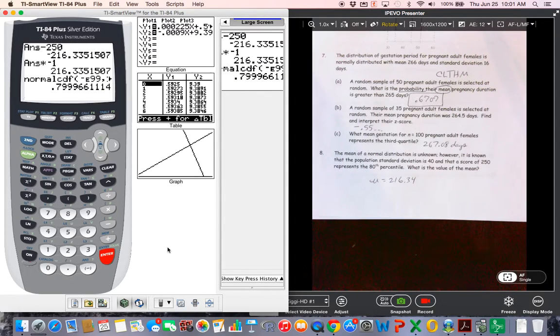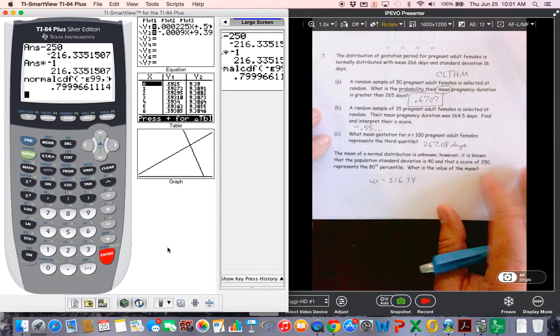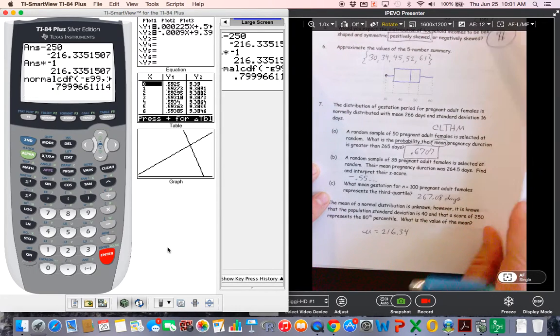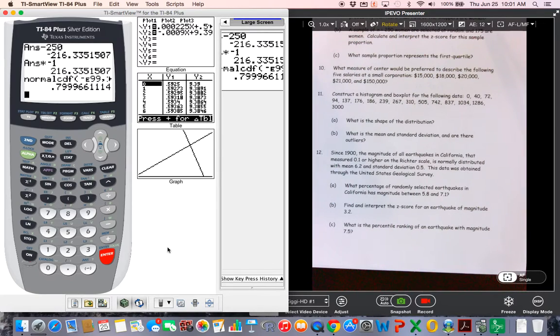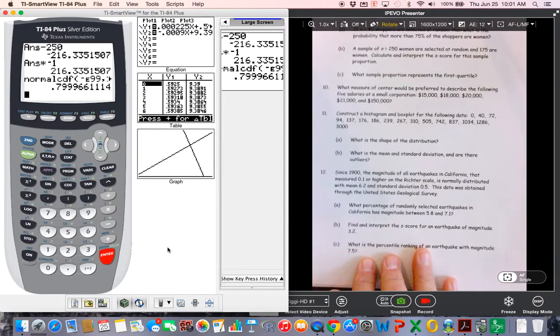And we'll see it's 0.7999966, so that's very, very close to 0.80, and I would feel comfortable that I got that one right. When I walked out of the classroom, checking that, I would feel very comfortable that I got that one right.